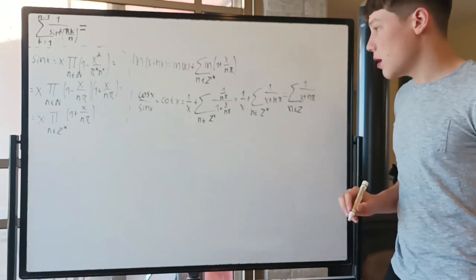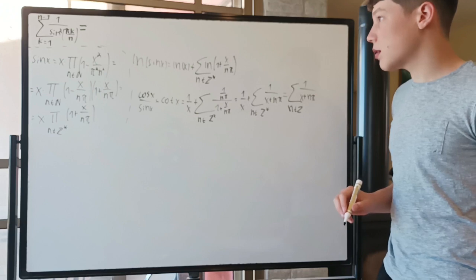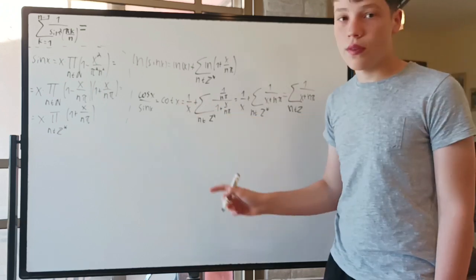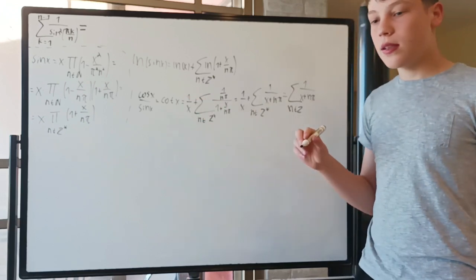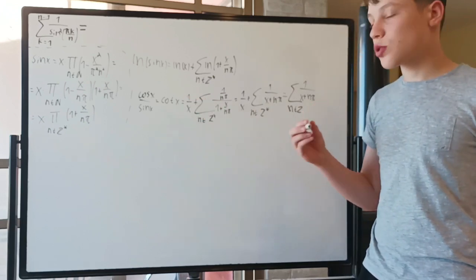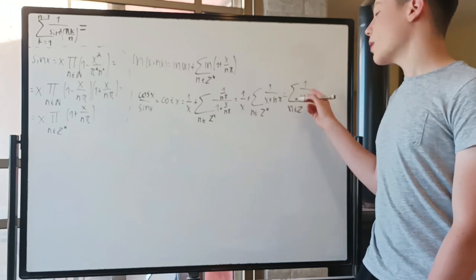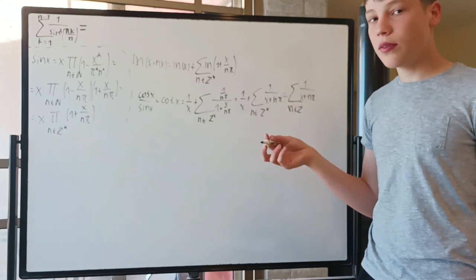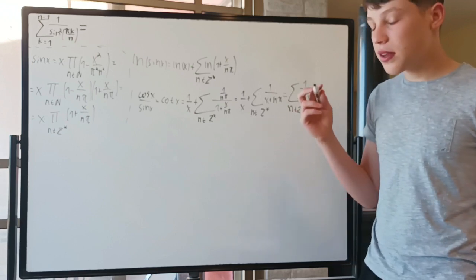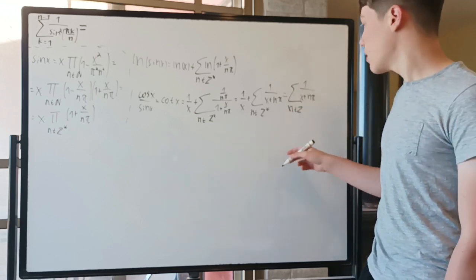And now I just want to take the derivative once again, because we know the derivative of cotangent is negative 1 over sine squared. And then getting rid of the negative, we'll be able to get an infinite sum representation for 1 over sine squared on this side.